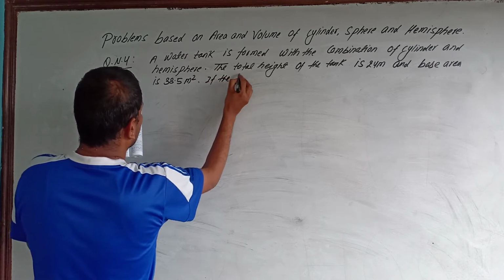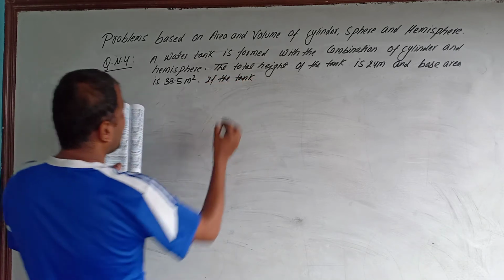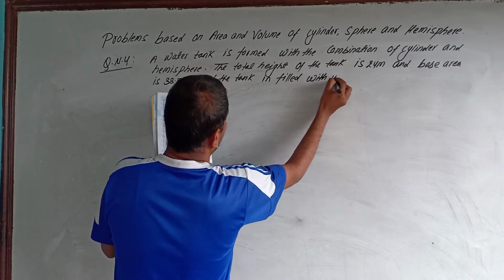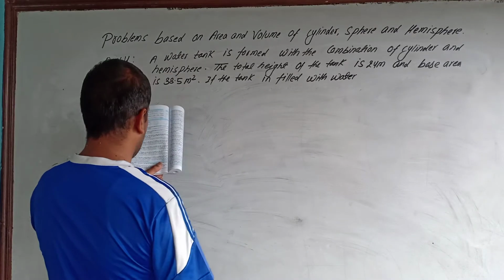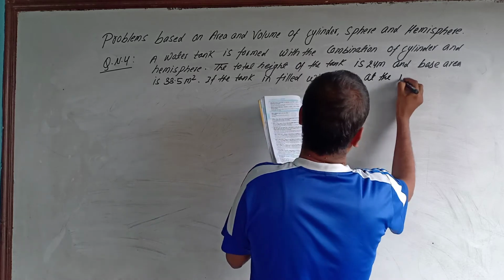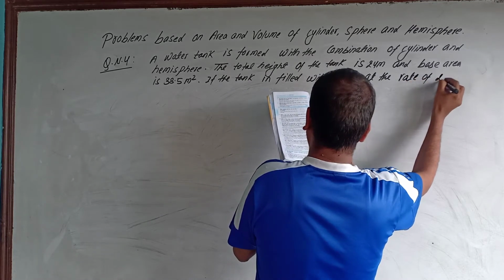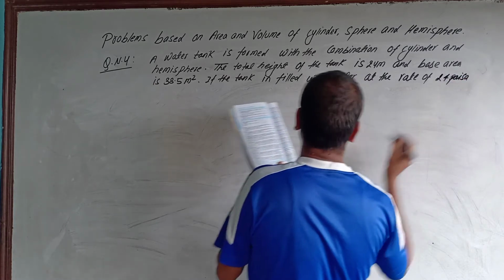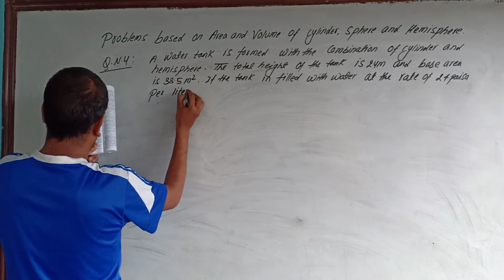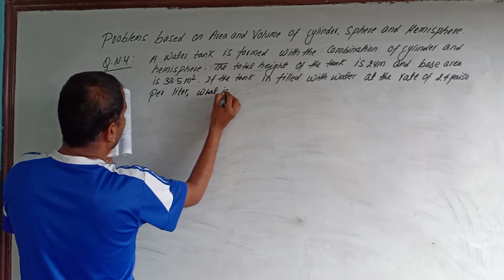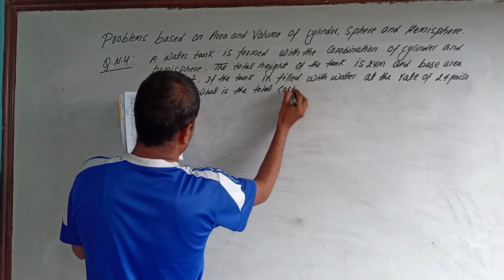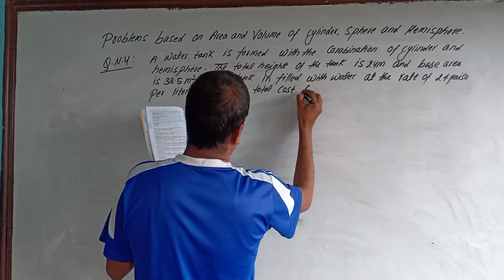If the tank is filled with water at the rate of 24 paisa per liter, what is the total cost for the water?